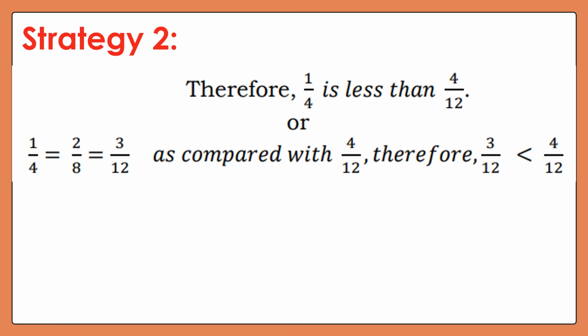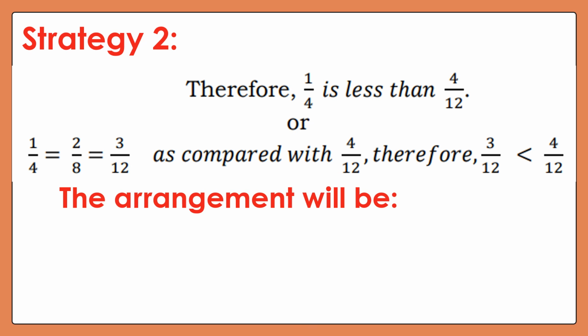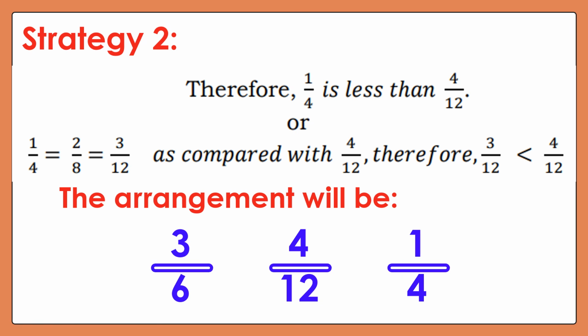Therefore, 1/4 is less than 4/12, or 1/4 is equal to 2/8 is equal to 3/12 as compared with 4/12. Therefore, 3/12 is less than 4/12. And the arrangement will be 3/6, 4/12, and 1/4.